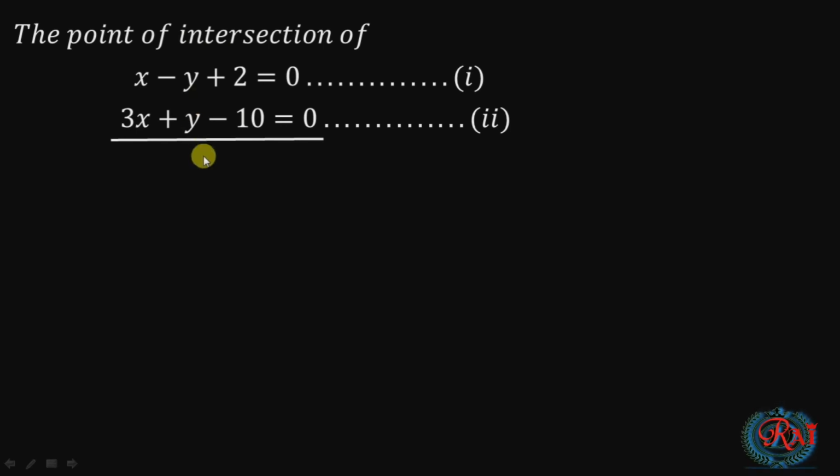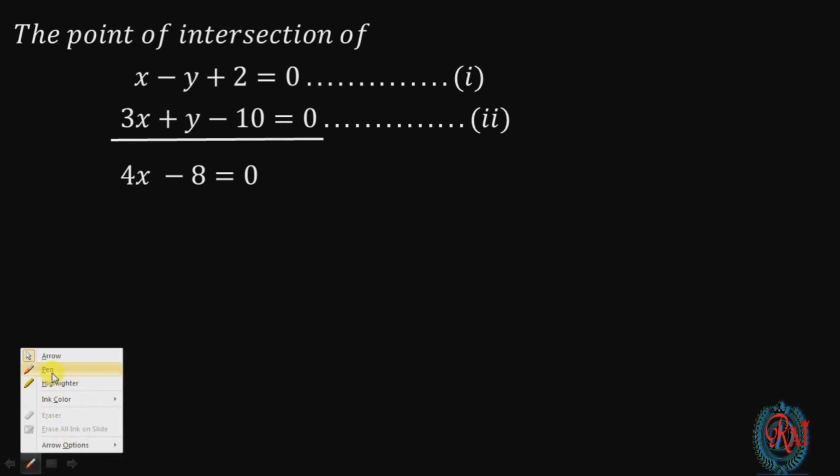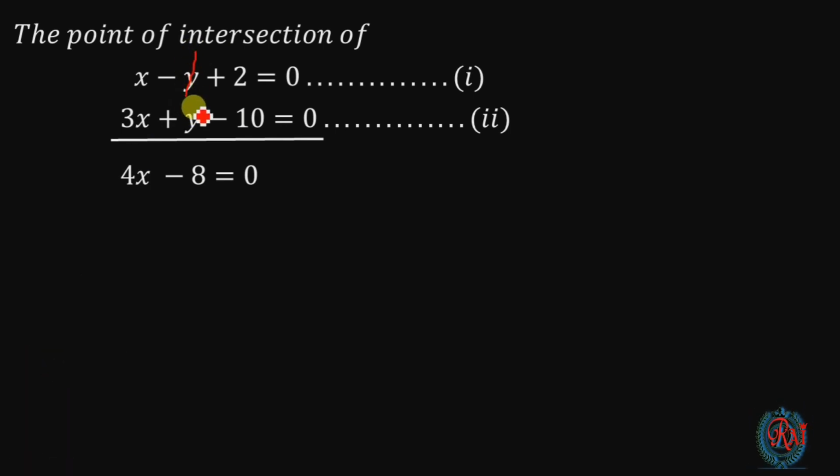We'll solve them simultaneously by adding; this y and this y will get cancelled. 3x plus x equals 4x, minus 10 plus 2 equals minus 8. So 4x equals 8, that is x equals 8 by 4, and 4 twos are 8. So x equals 2.